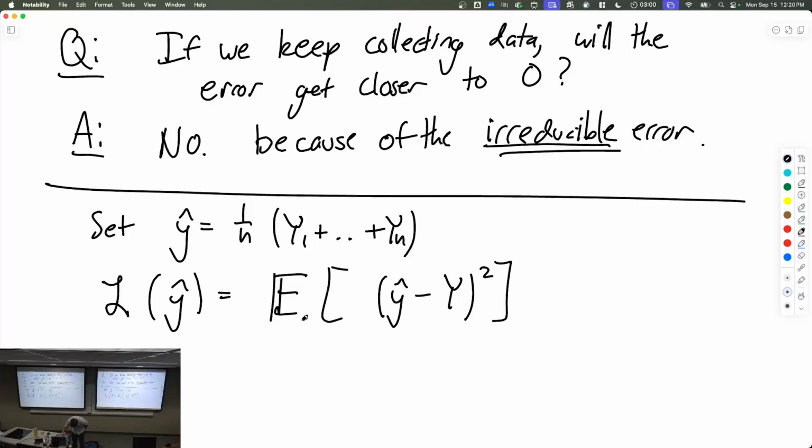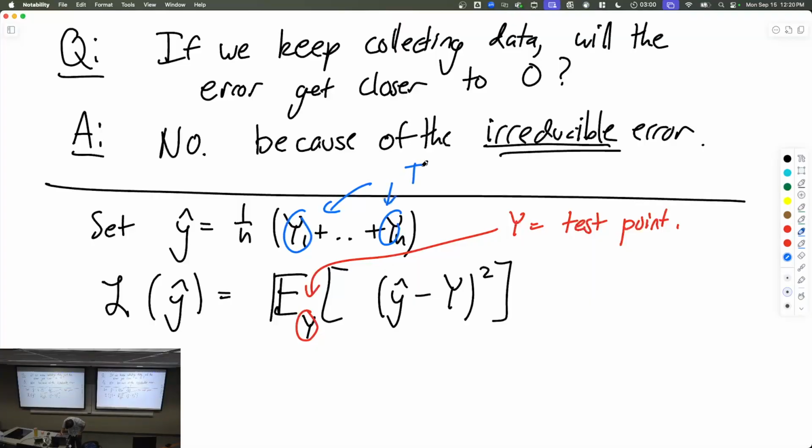So just like before, here again, capital Y is our test point. Right? So we have our training examples. Maybe I should label these as well. Y1 to yn, these are training data. It's called training because we used it to come up with our estimate, right?